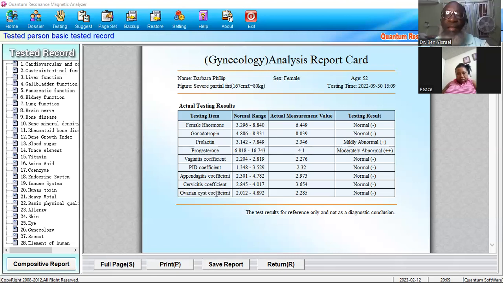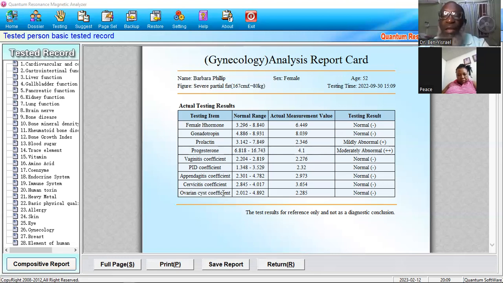So from this, we are able to determine if the person has ovarian cyst, or cervicitis. This machine and one of my other machines give me more detail, and I'll have to look at this in relation to other parts of the body as well. Based on this, we would know whether to cleanse the womb.